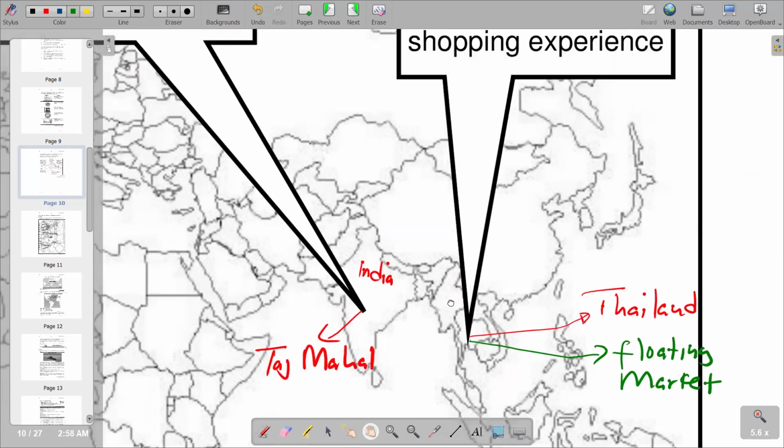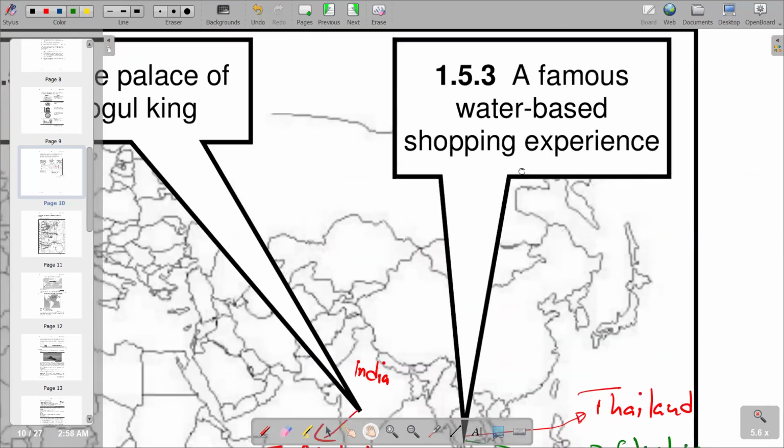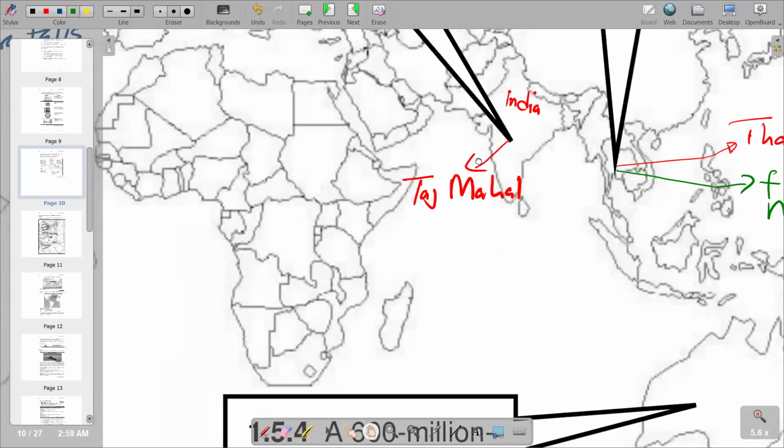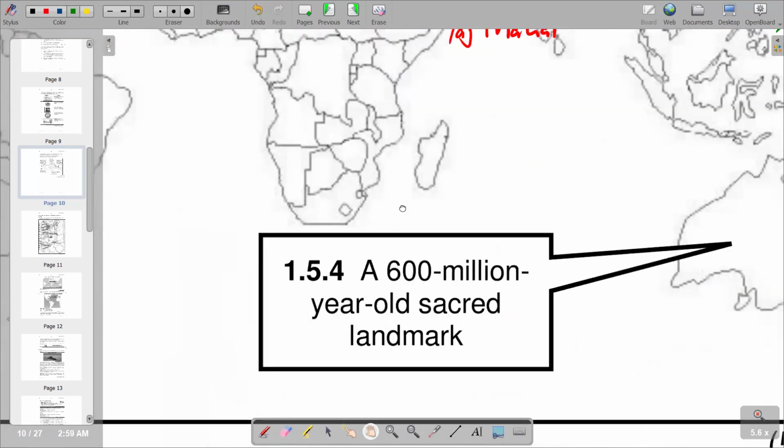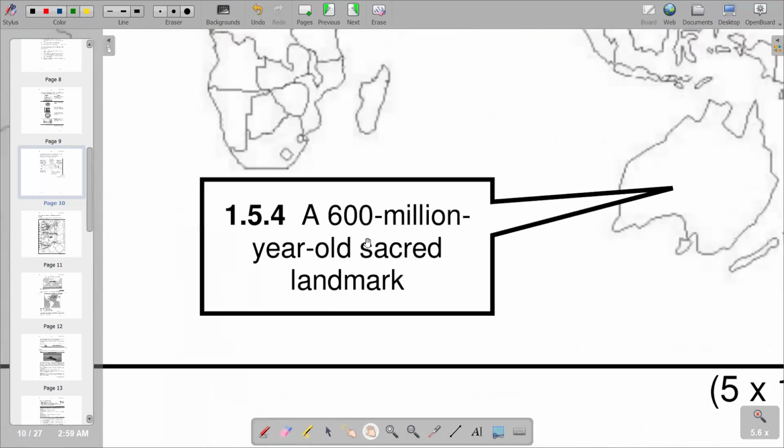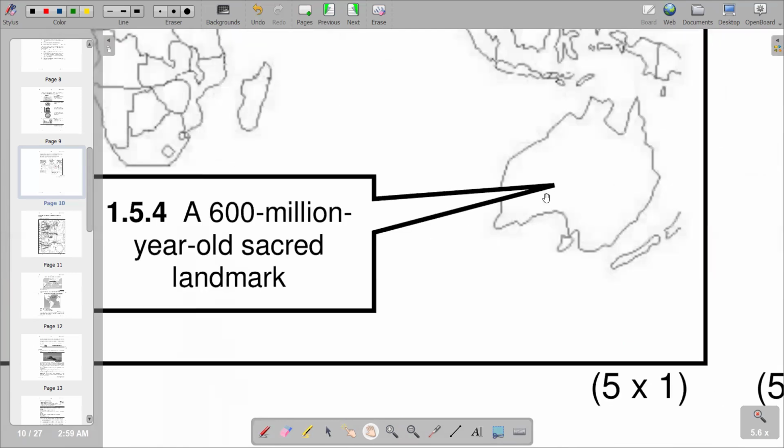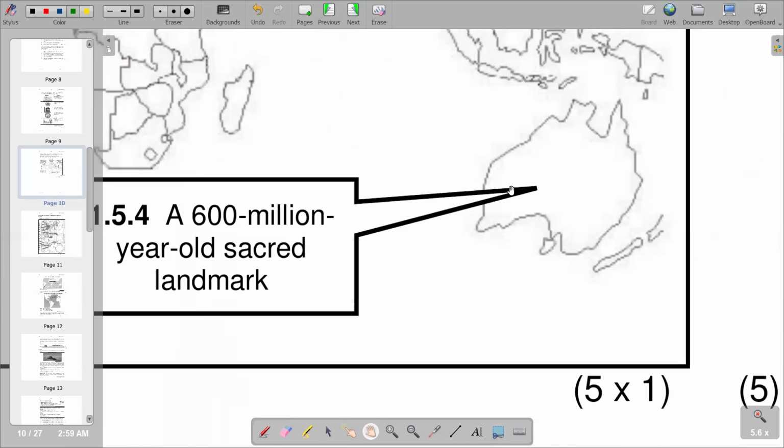That is on 1.5.3. So moving on, we now look at 1.5.4, whereby it's a 600 million year old sacred landmark. So it's pointing again to a country, and you can start by identifying which country we have there. But we are going to see that this is Australia, and we can just indicate that this is Australia.